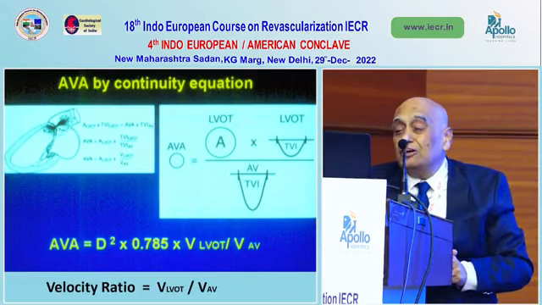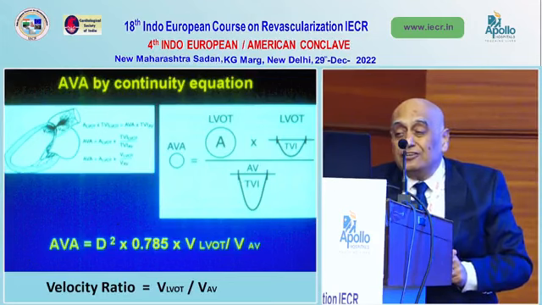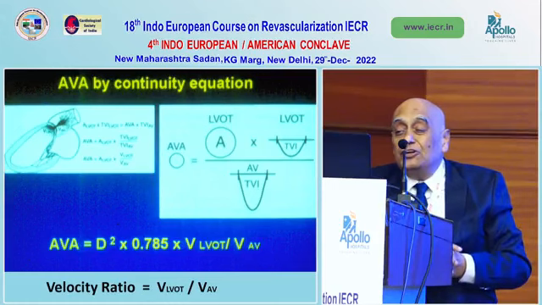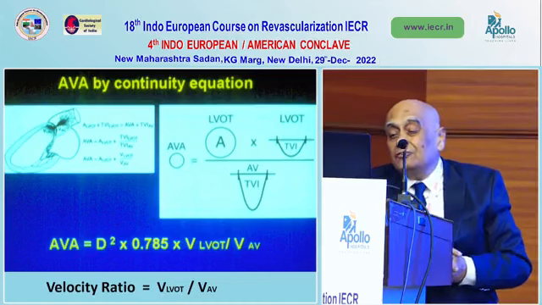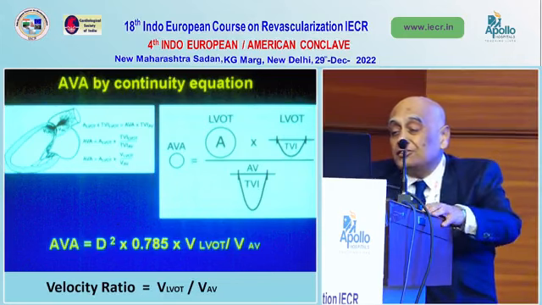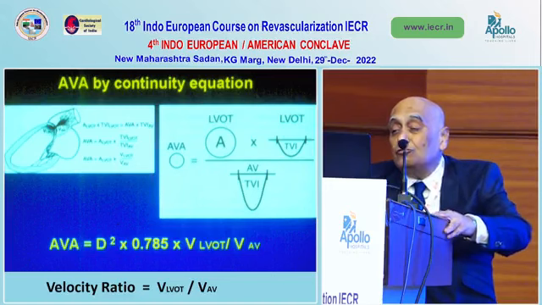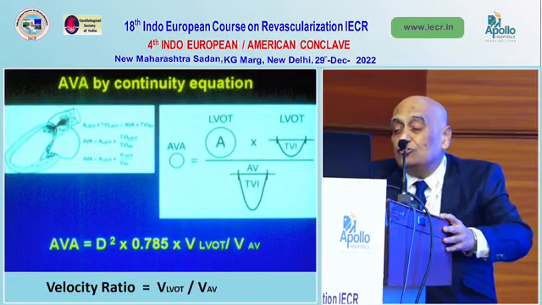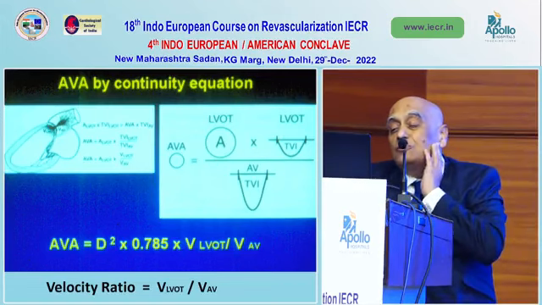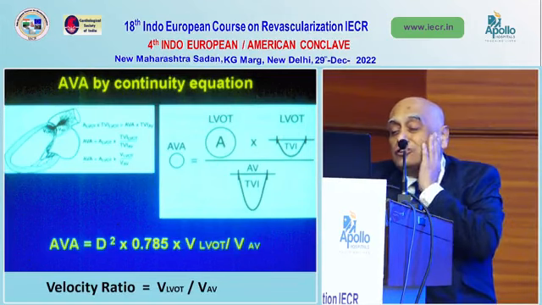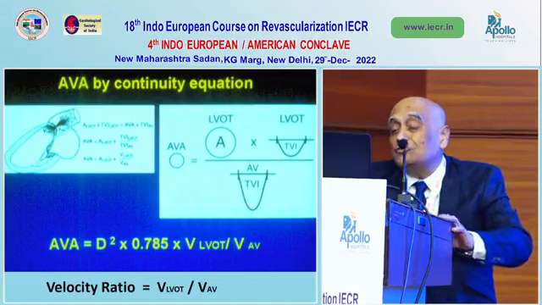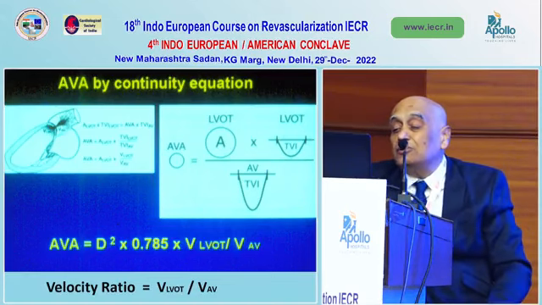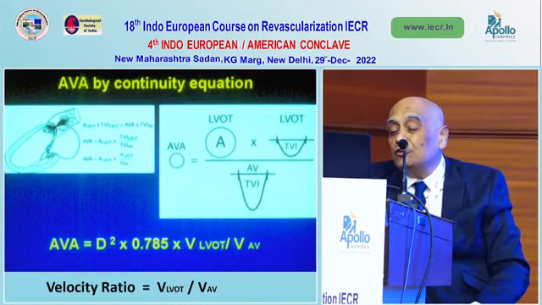The aortic valve area, as shown diagrammatically here, is the LVOT cross-sectional area multiplied by the LVOT VTI divided by the aortic valve VTI. The ratio of the VTIs is actually the ratio of the peak velocities, so you can shorten this formula to include just the peak velocity of the LVOT divided by the peak velocity across the aortic valve.